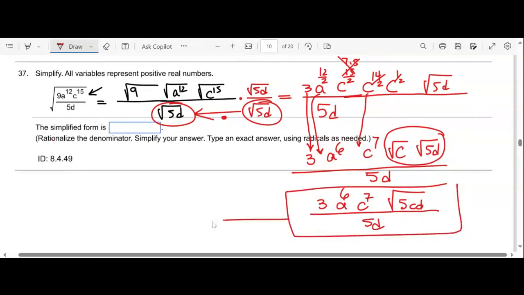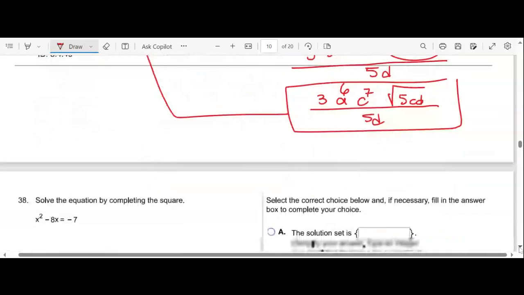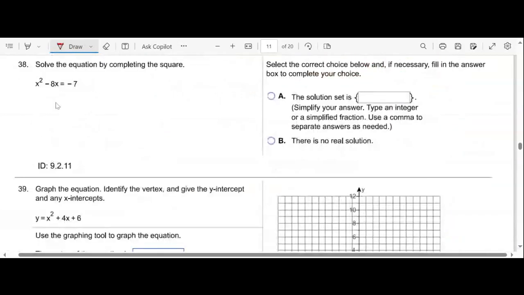That's your final answer. Put the final answer in the box. Okay, do not worry about this one. It will not come in the exam, number 13.